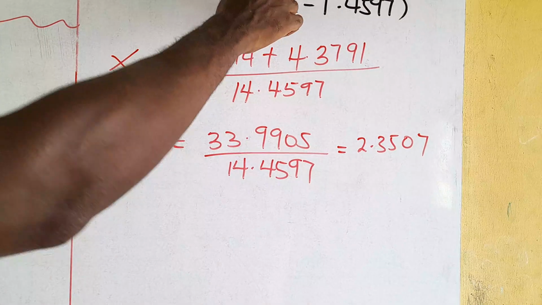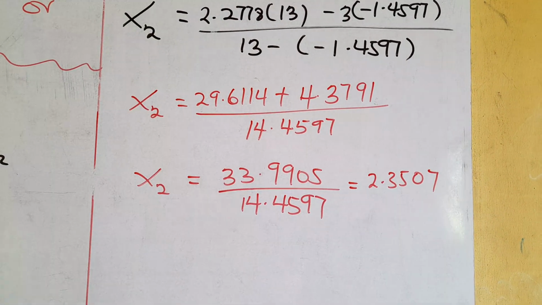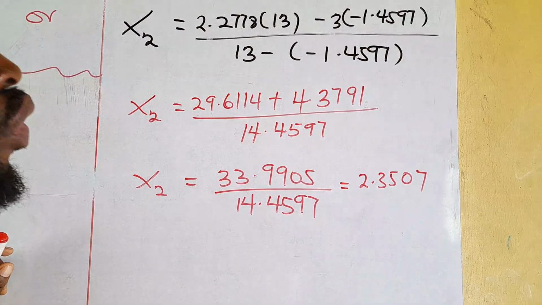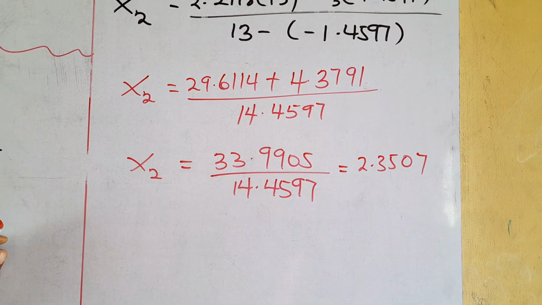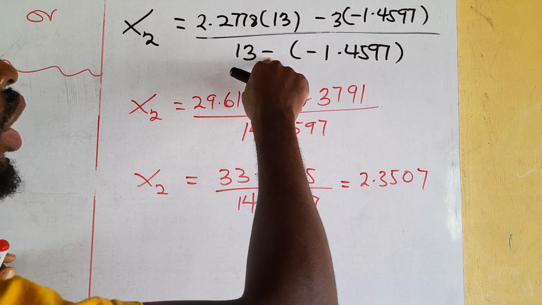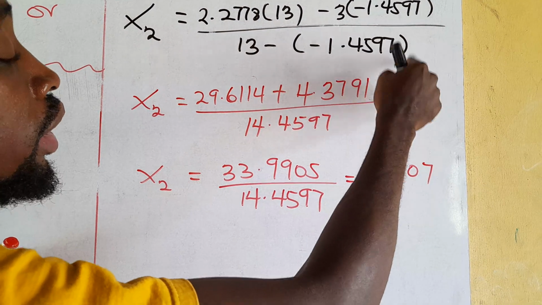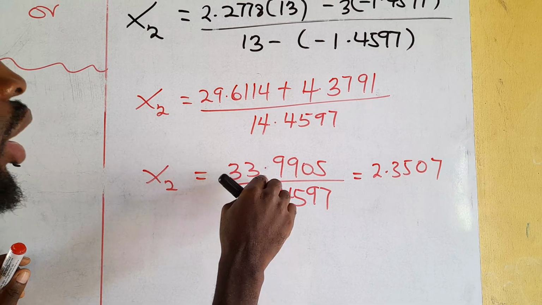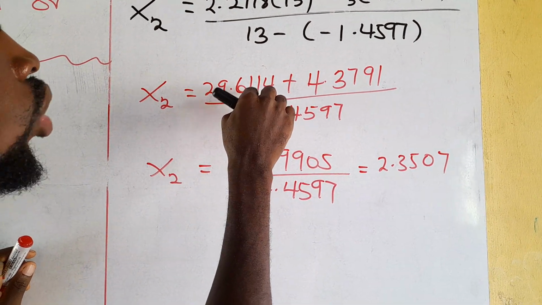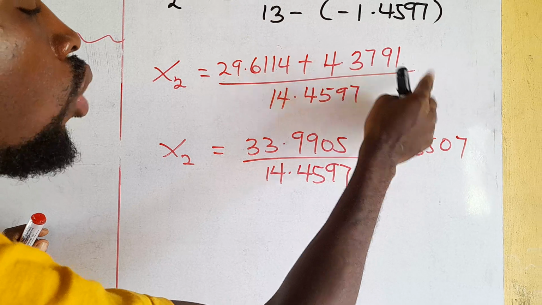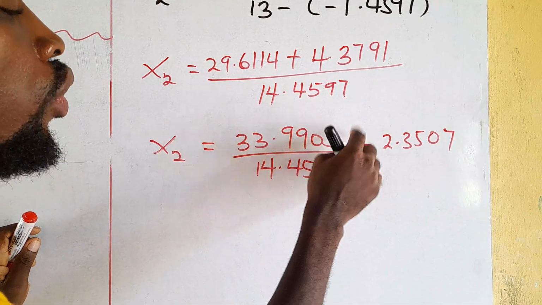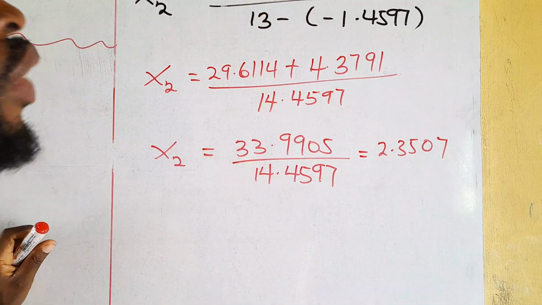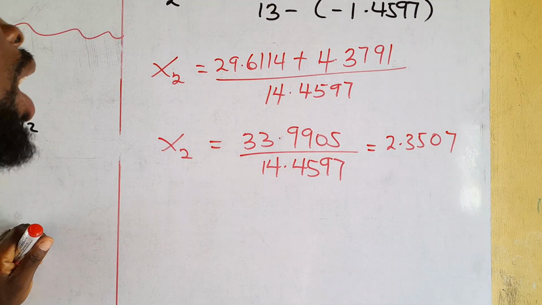So when 30 multiplies 2.2778, we get 68.334, and negative 3 times negative 1.4597 will be plus 4.3791. Then this will also give us 30 plus 1.4597, and that will give us 31.4597. So when we add 68.334 to 4.3791, we get 72.7131, divided by the 31.4597 will give us 2.3113. That becomes our second approximation.